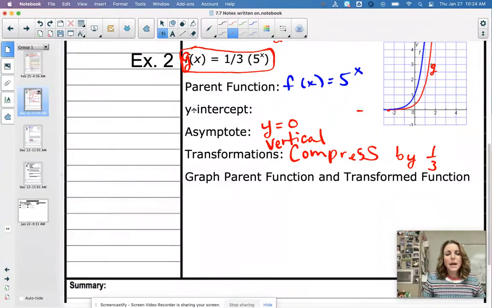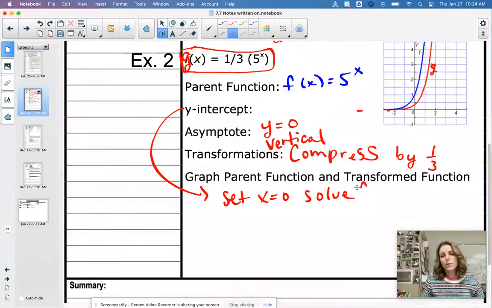The y-intercept, I'm going to set x equal to 0 and solve for y. Again, I'm finding the y-intercept of the transformed function. So if I plug 0 in, I get 1/3 times 5 to the 0.